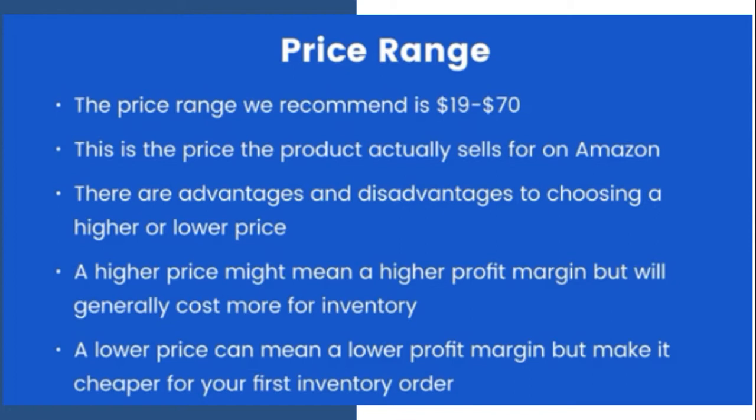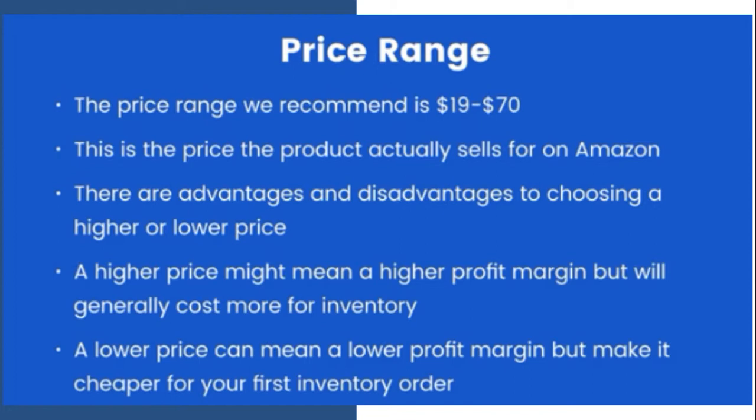So there you go. Price range. The price range we recommend is 19 to 70. This is the price the product actually sells for on Amazon, like I showed you the other time, remember? There are advantages and disadvantages to choosing a higher or a lower price. A higher price might mean a higher profit margin, but will generally cost more for inventory and also shipping and all that.